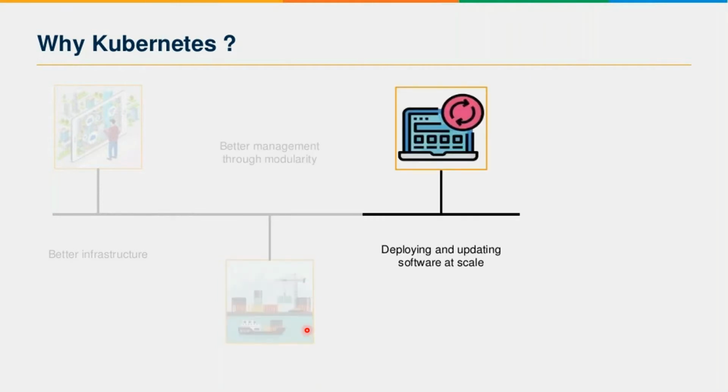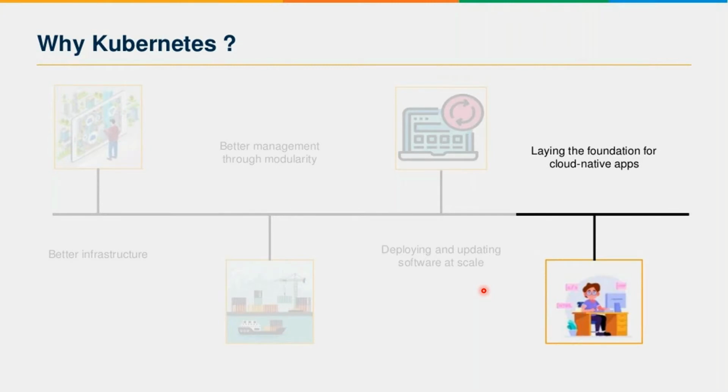And also deploying and updating softwares at scale. We can scale up. So whatever pods and containers we create in Kubernetes, if you want to deploy an application, or if you want to update any software, you can perform that at scale.